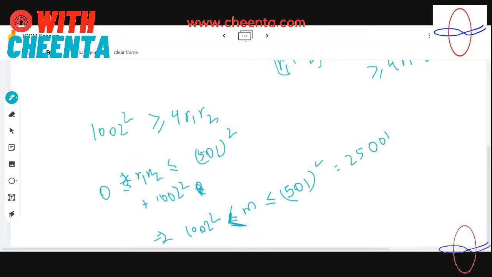I am not sure about this. Let's see, it's around 25. I may be wrong actually. 251001, yeah, perfect. So therefore what do we get? We get that it can only take values... Now think about what we can do.